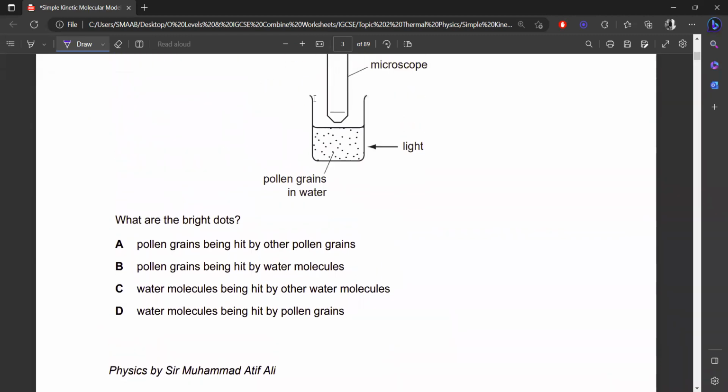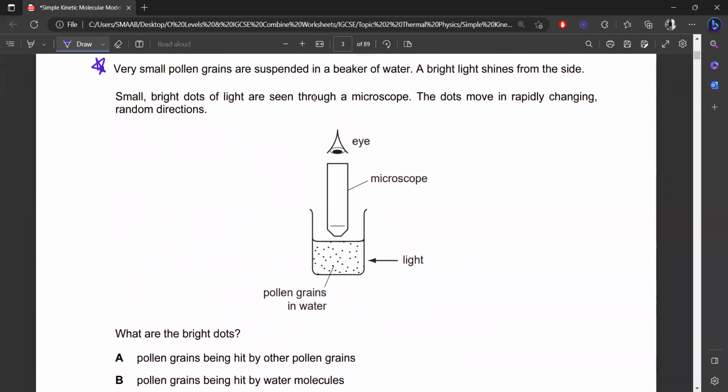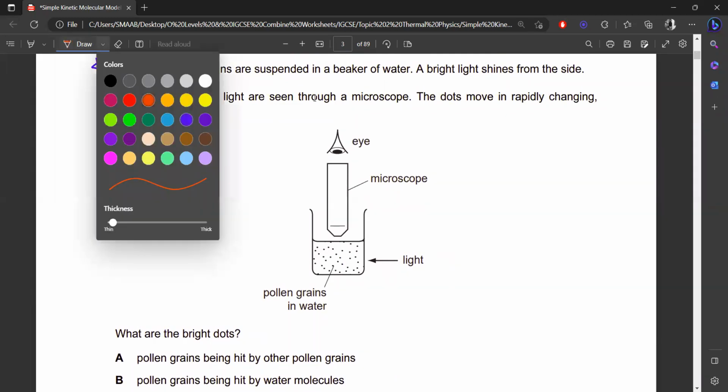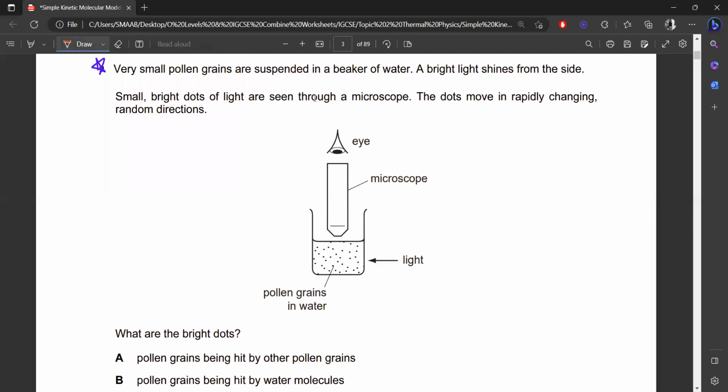Okay, if we talk about Brownian motion, basically Brownian motion is related to the random motion of the molecules.